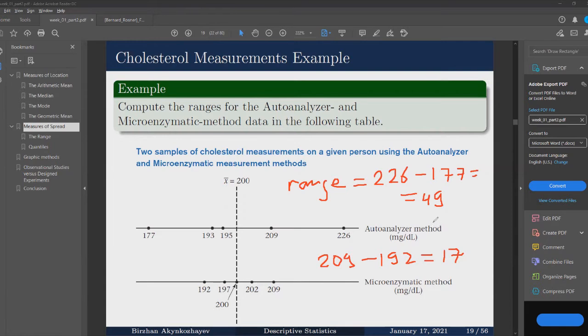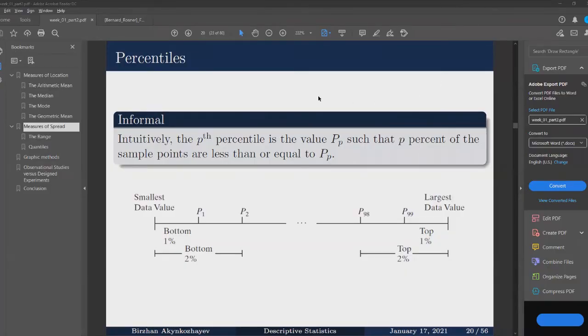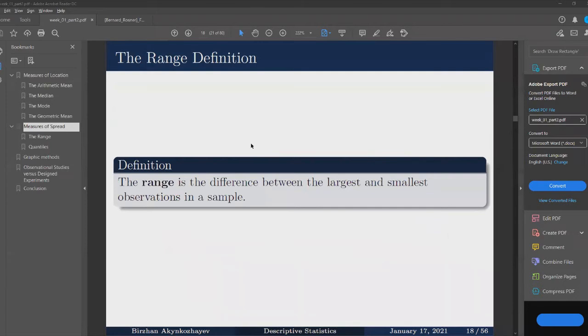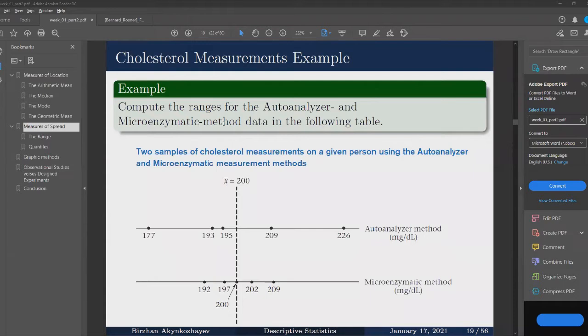All right, so by quickly calculating the range, we can see that the first data set is more spread out. Even though it's very easy to compute the range, it is very susceptible towards outliers, and it's insensitive towards data other than largest and smallest values.